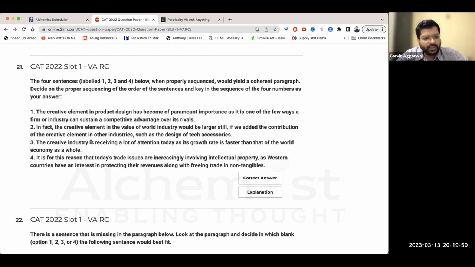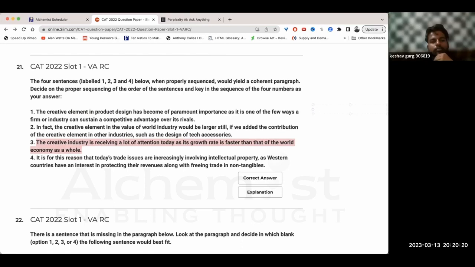The creative industry, ठीक है? It is for this reason. What reason? The reason has to precede the sentence. So we should do something like the creative industry is getting a lot of attention today, as its growth rate is faster than that of the world economy as a whole. What should come next? Two. Why? Second.